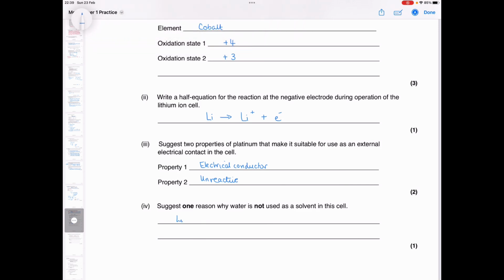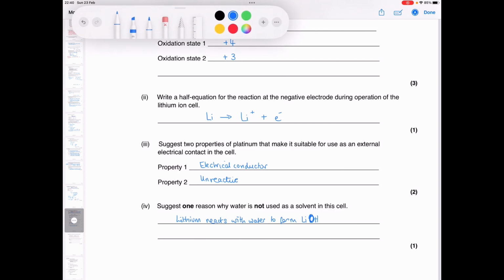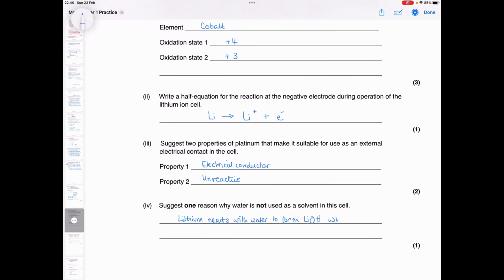So lithium reacts with water to form lithium hydroxide, which would prevent the cell from recharging.